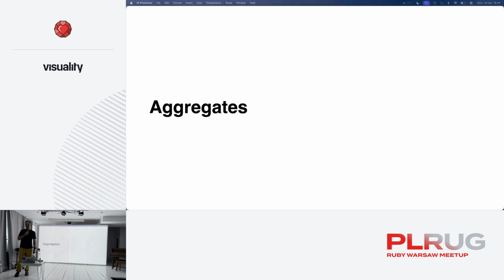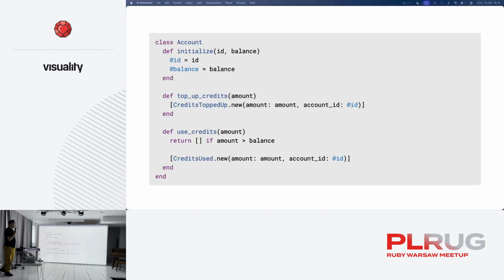So we get to aggregates, which is quite a difficult name to say, a tactical pattern in domain-driven design. The role of the aggregate is basically that it's a model that encodes some business rules, but this model also serves as a consistency boundary. Everything within the state should be consistent, and the role of the aggregate is to protect the invariants of that model.